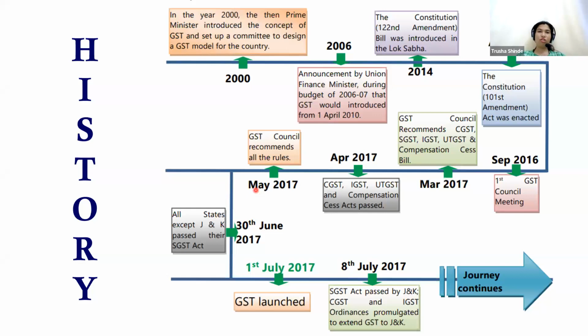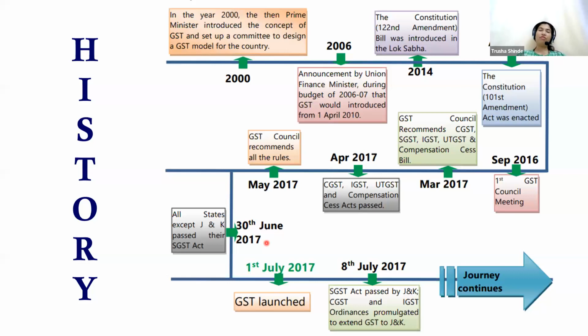The rules are too many, so I couldn't cover them. Later, on 30th June 2017, they decided that all states of India, except Jammu and Kashmir, would be covered; Jammu and Kashmir would not be covered under the SGST Act.